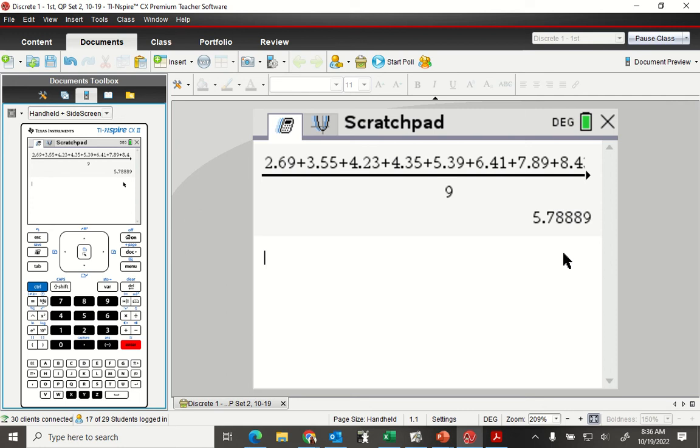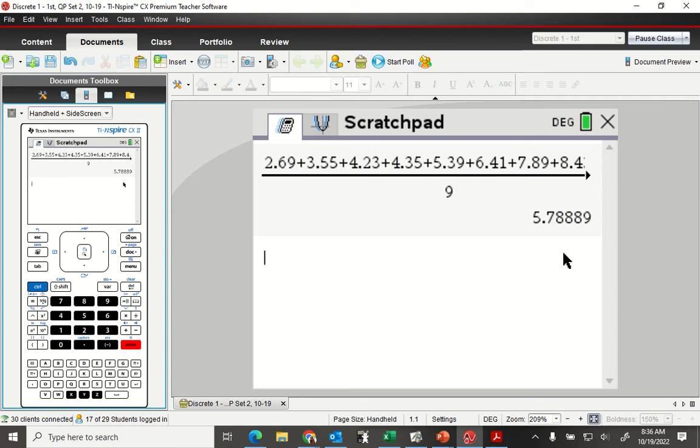So I'm looking at 5.78, and I'm looking at this 8. To round, I look at the number to the right of that. If that is 5 or above, it goes up. 4 or below, it drops off.